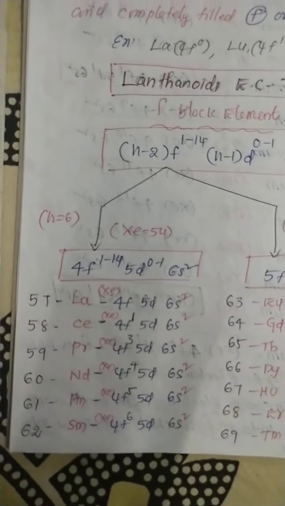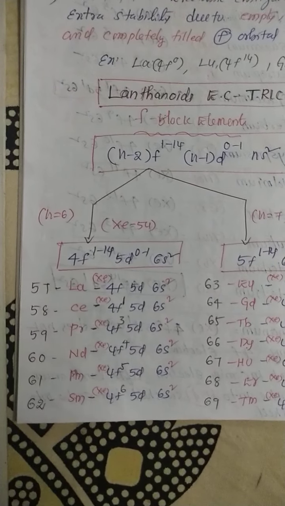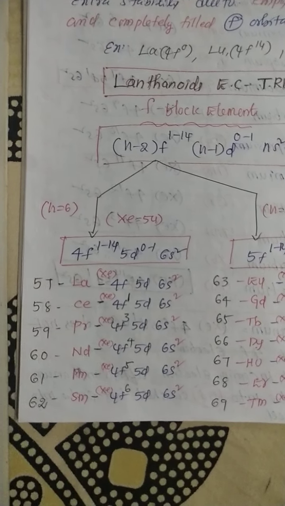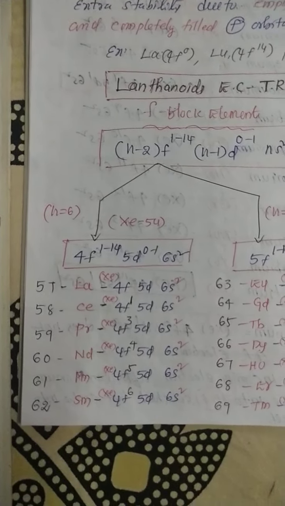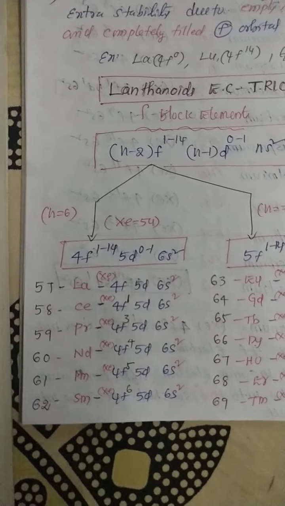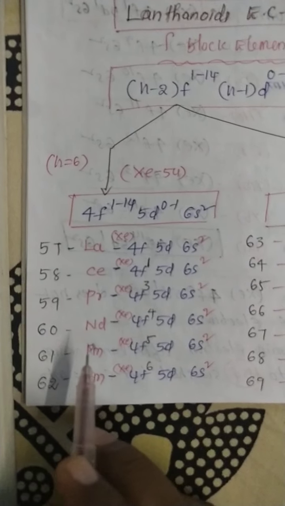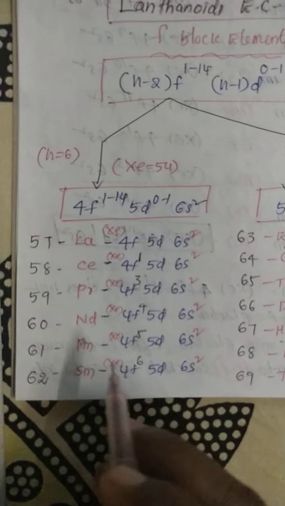If you don't know the atomic number or element name, it is impossible to write the electronic configuration in a short time. That's why every student must practice atomic numbers and names of the elements.